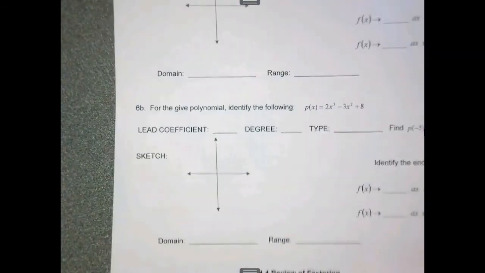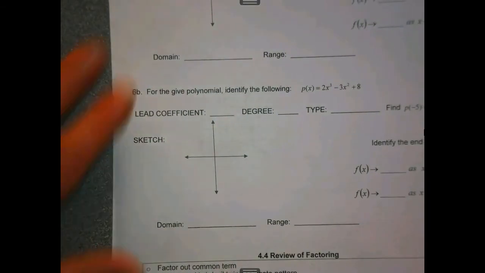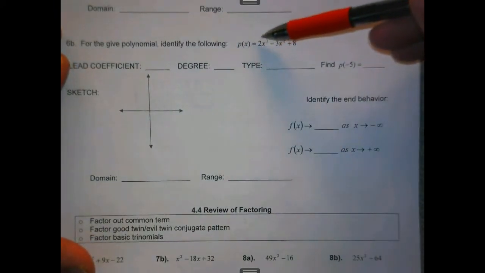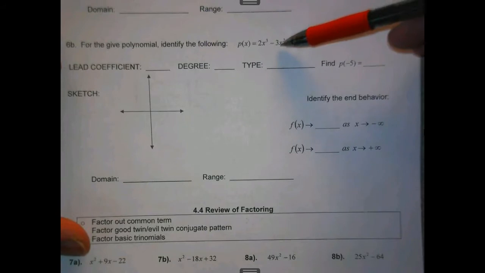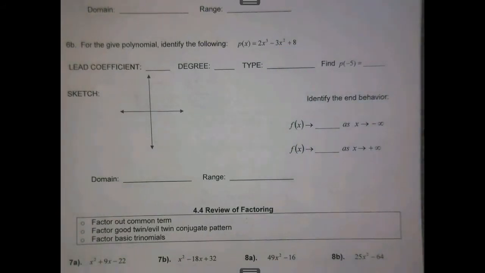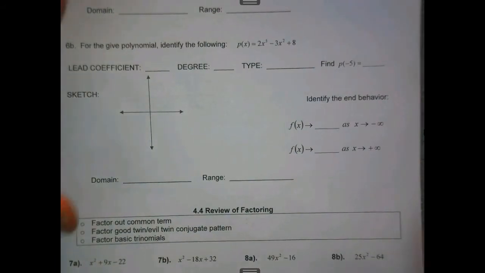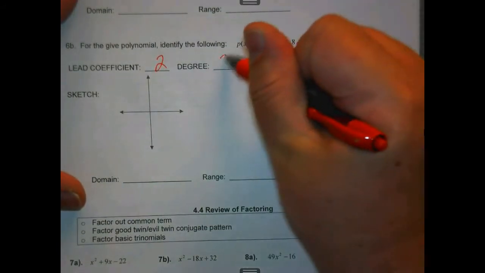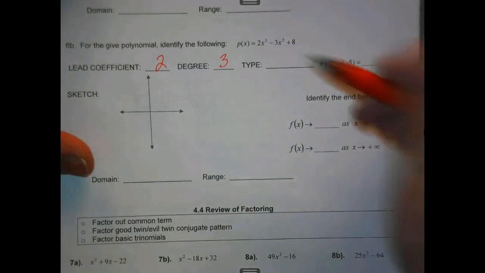Okay, 6B. So I'm looking at this function here: P of x equals 2x cubed minus 3x squared plus 8. What's my lead coefficient? Make sure it's in standard form, which it is. So it's 2. What degree? So what kind of polynomial is this?